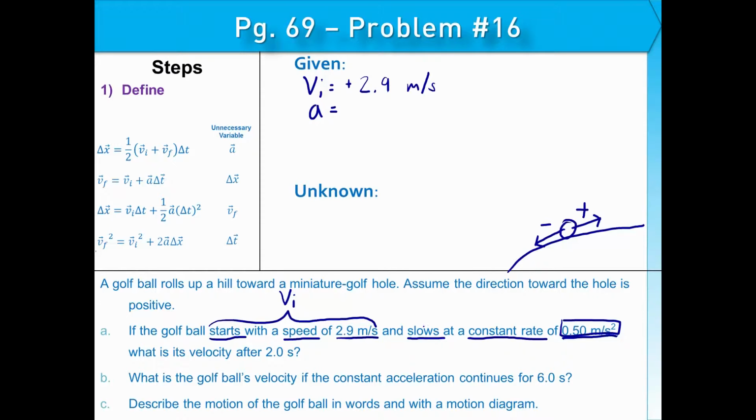If the ball is going in a positive direction and is slowing down, that means the acceleration sign has to be opposite of the direction it's going in. So if the ball is going toward a positive direction and slowing down, the acceleration sign must be negative.